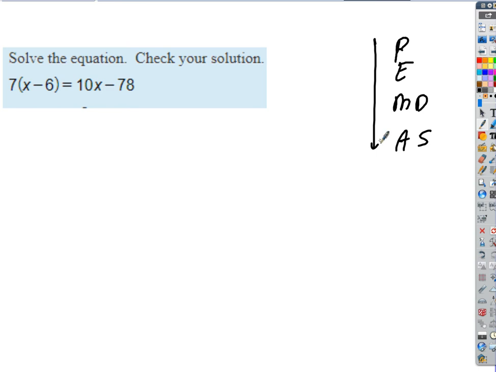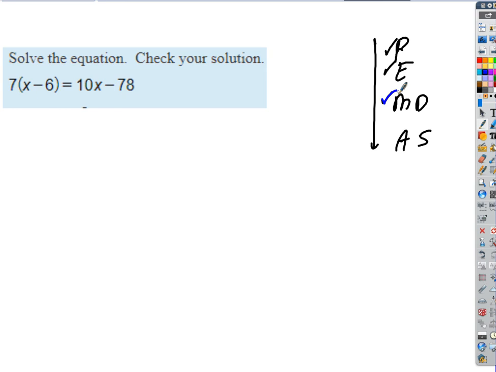Well, if you look at all the steps to simplifying this, look at the parentheses. There's only one set of parentheses there, x minus 6. Can I simplify x minus 6? No. So we can just skip right through that step. There are no exponents, so I can skip through that step. The first time there's anything I can do is the multiply divide step.